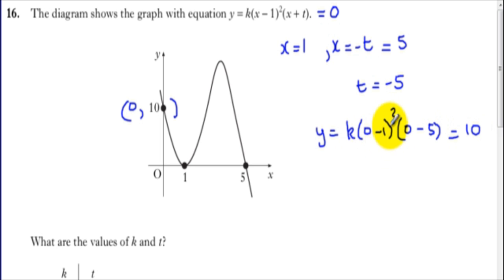Minus 1 squared is 1, times minus 5, this is minus 5k, equals 10. Dividing by minus 5 tells us that k is negative 2. So k is negative 2 and t is negative 5, and this is answer A.